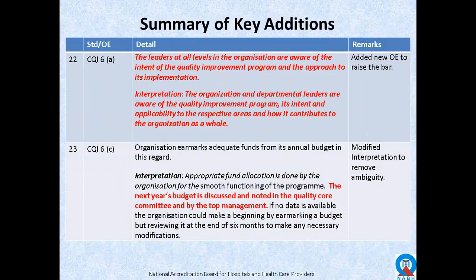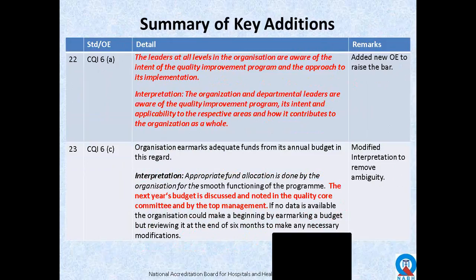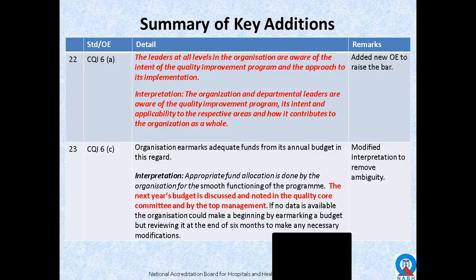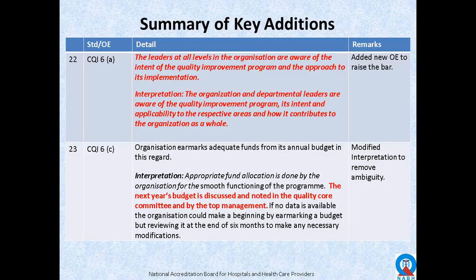So here the whole idea is that the top leadership will have to be involved in the quality management, in the quality improvement program. Otherwise, it is just left to a few people to look at it and decide what is required. The organization and the departmental leaders are aware of the quality improvement program, its intent and applicability to the respective areas, and how it contributes to the organization as a whole.